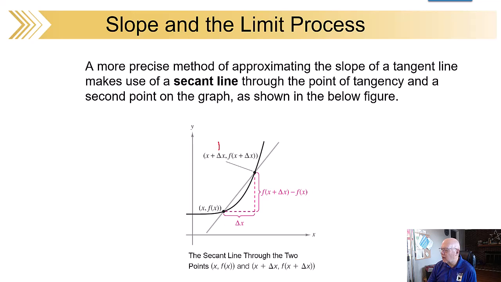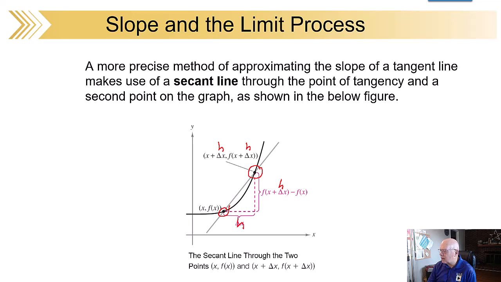Remember, delta x is what we're calling h. There's h. h represents some small positive number. So we're going from this point to this point. As we go from the first point to the second point, our x value changes by just a little bit, h.